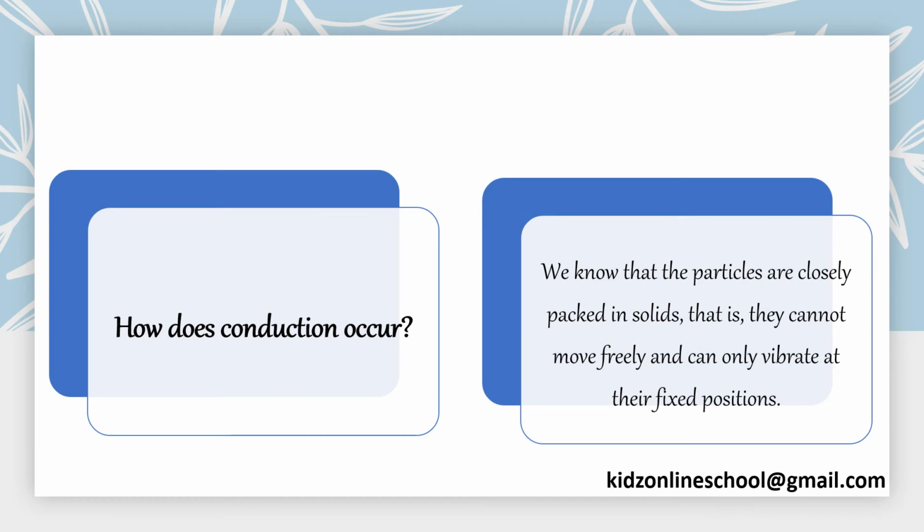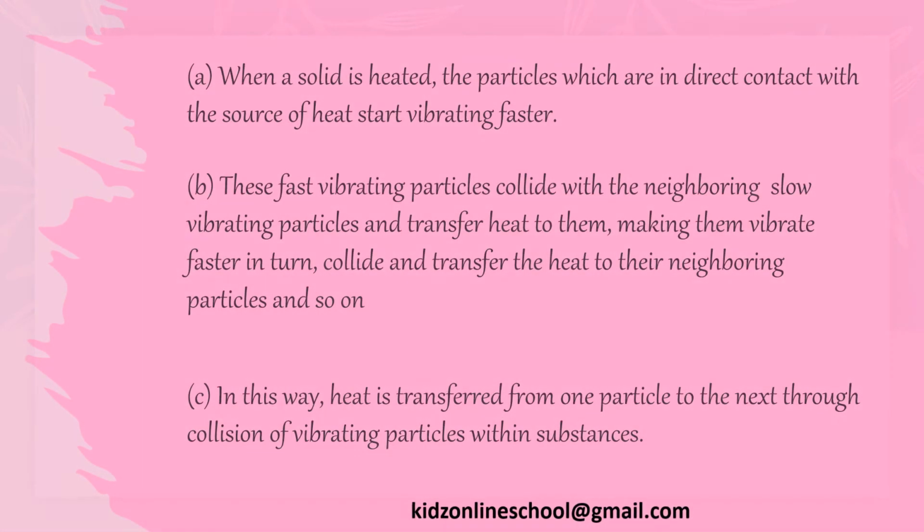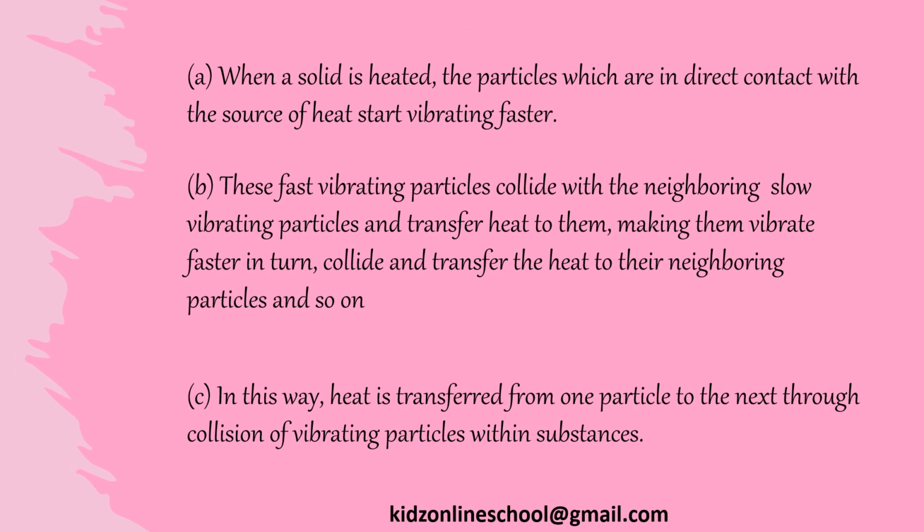How does conduction occur? We know that the particles are closely packed in solids. That is, they cannot move freely and can only vibrate at their fixed positions. When a solid is heated, the particles which are in direct contact with the source of heat start vibrating faster.